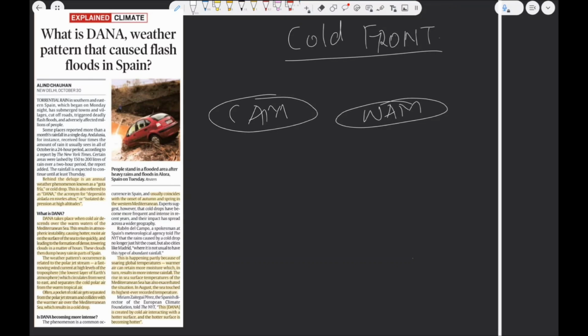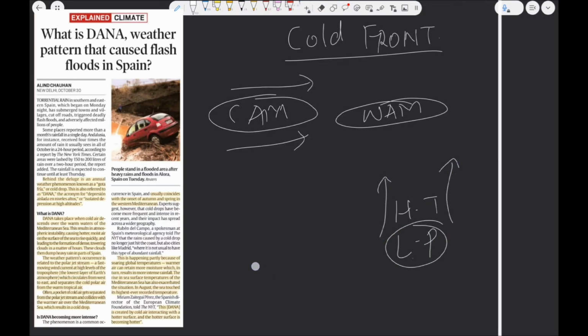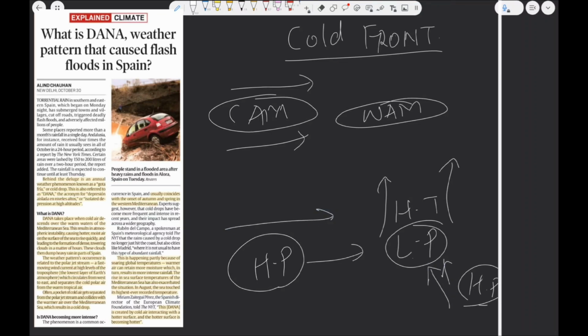That is why the column of air formed over the Mediterranean Sea is also warm, and the cold air mass is moving towards it, because whenever there is high temperature, there is low pressure, and at low pressure, wind moves upward. So the surrounding region which has high pressure, all the air will move to low pressure. That is the simple phenomenon. Air and water move from high pressure to low pressure. So that is the reason why the cold air mass is moving towards the warm air mass.